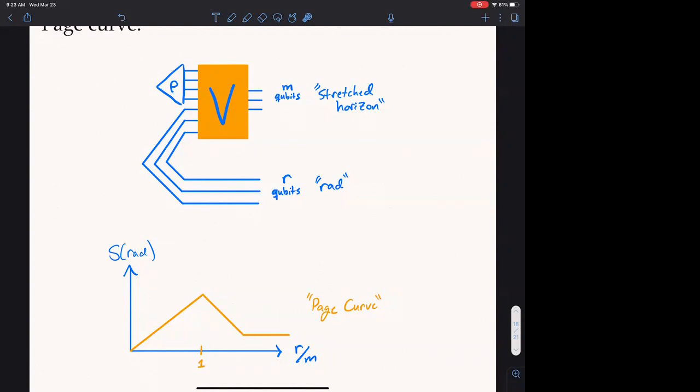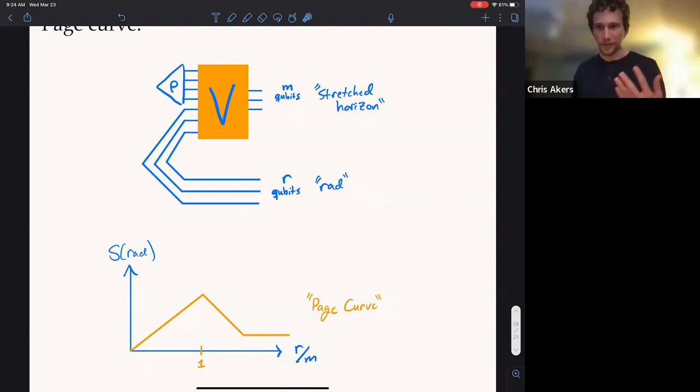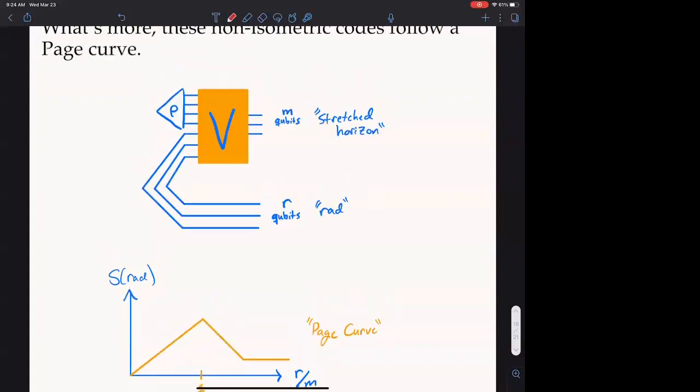So what is it in your scenario that is replacing the entanglement of the radiated qubits with arbitrary interior partners with actual radiation from the black hole, with the information that is residing in the black hole?